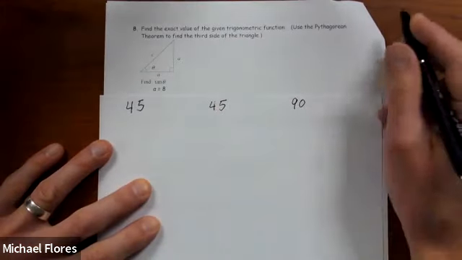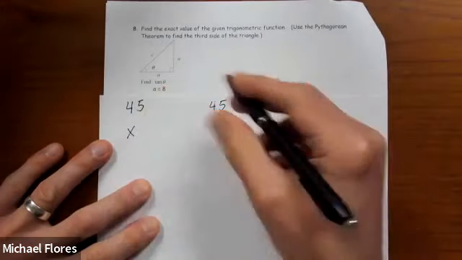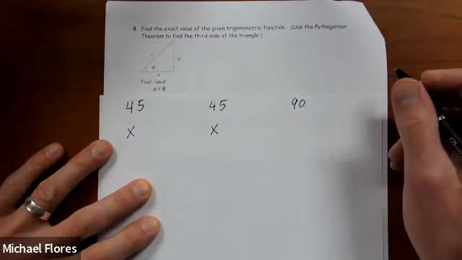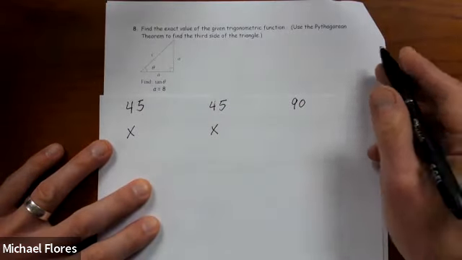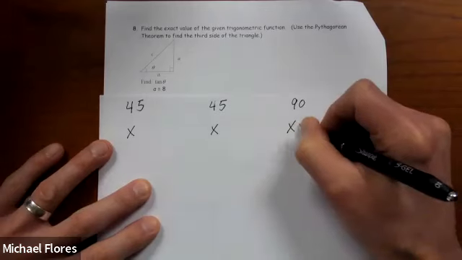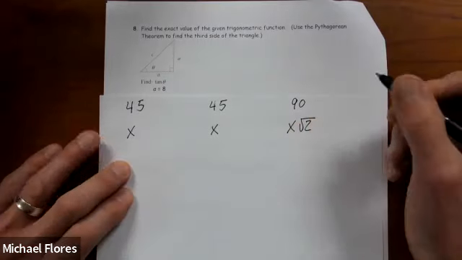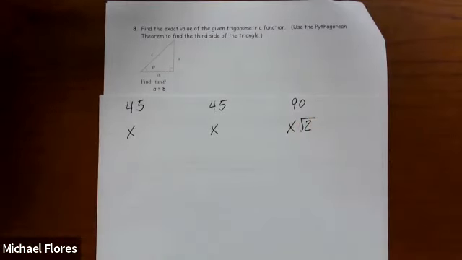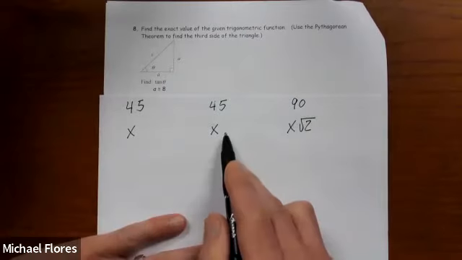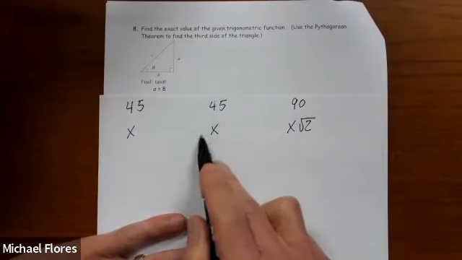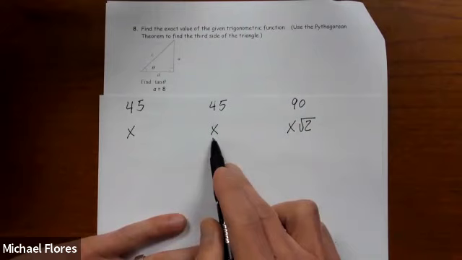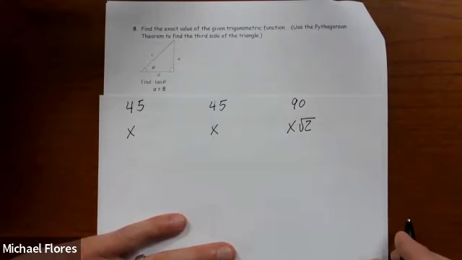And in a 45, 45, 90 triangle, your sides opposite of the 45-degree angle are exactly the same. And the side opposite of the 90-degree angle, you would simply keep the 45-degree side length and multiply it by √2.